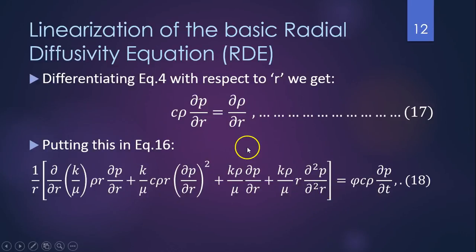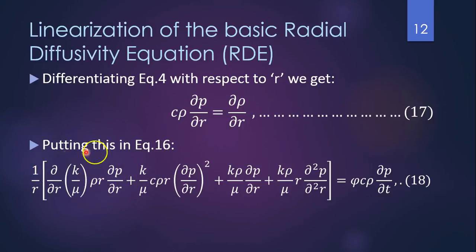So now again you can use the definition of compressibility to replace wherever we have a differential density. Basically we want to replace it with differential pressure. So using this definition, we can replace wherever there is the occurrence of del rho by del r with del p by del r.